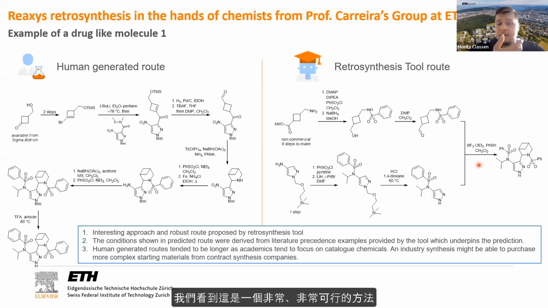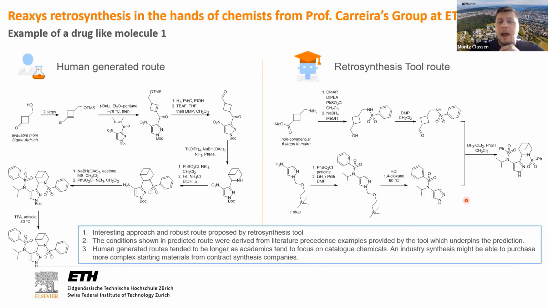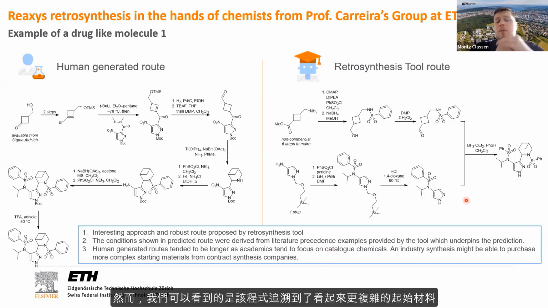We see that this is, I would say, a very, very robust approach that I'd be glad to try in the lab. It also looks quite modular because, again, it brings 2 building blocks together quite late in the synthesis. However, what we can see is that the program traces back to what looks like more complex starting materials.